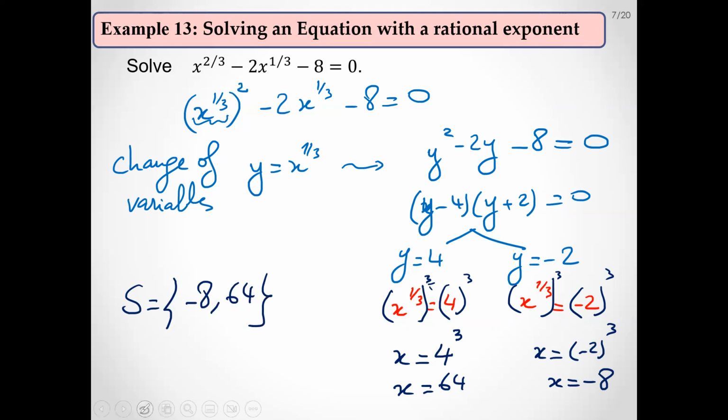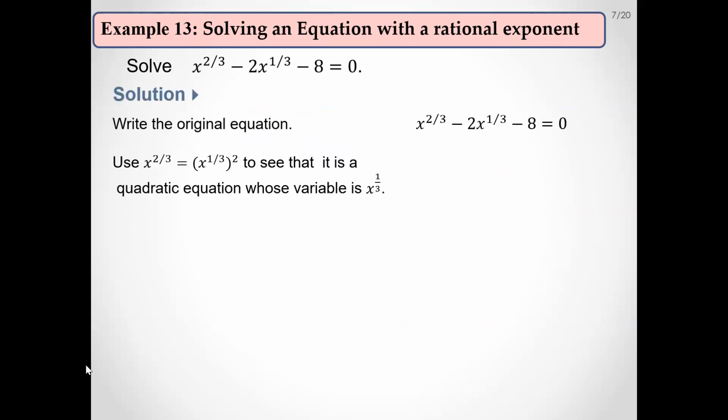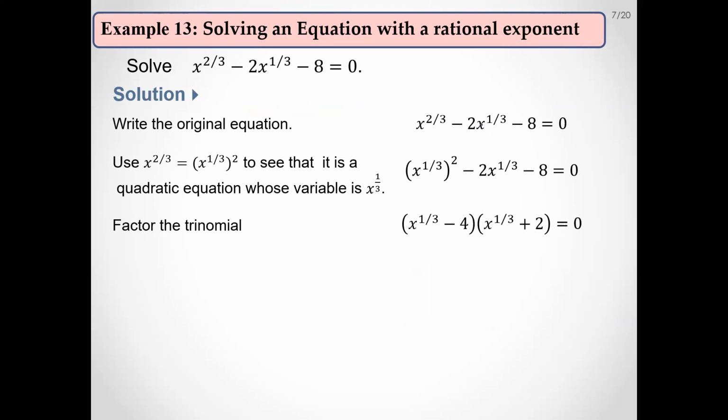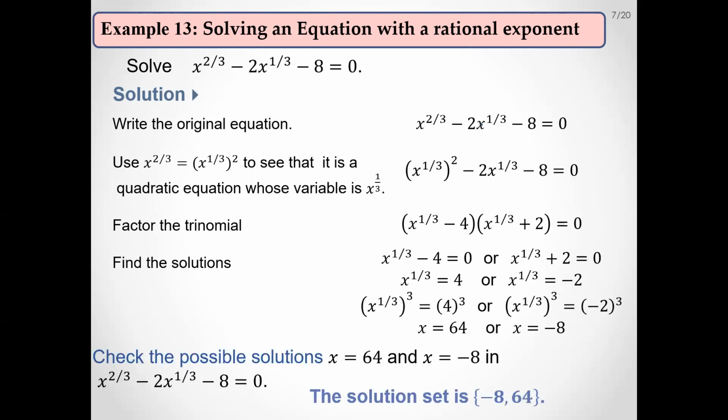Okay, so again, the idea is to see that this term is squared and this term is to the power 1. This is the key part of the solution. So we factor directly or we use a change of variable, whichever suits you. The important thing is you take the cube and you get the solution. You can check and both solutions are validated here, and this is our solution set.